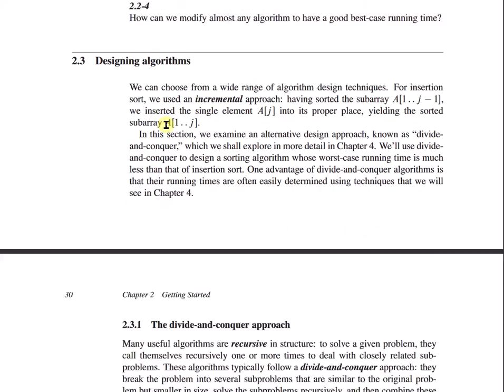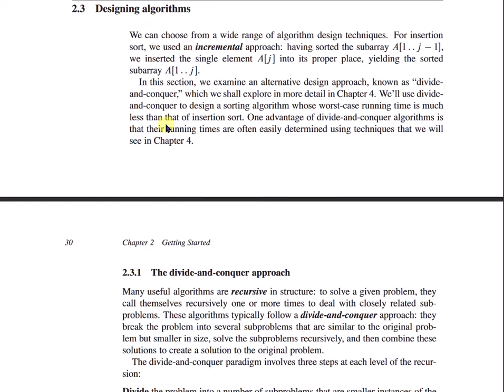Okay, the next thing we need to look at is designing algorithms. We can choose from a wide range of algorithm design techniques. For insertion sort, we used an incremental approach. Having sorted the subarray A of 1 to j minus 1, we inserted the single element A of j into its proper place, yielding the sorted subarray A of 1 to j.